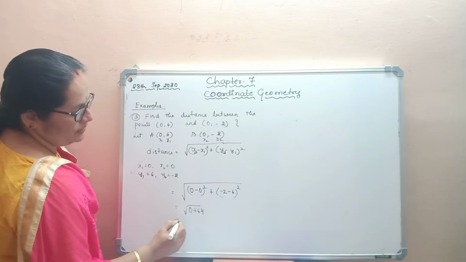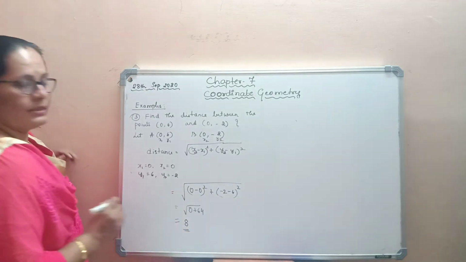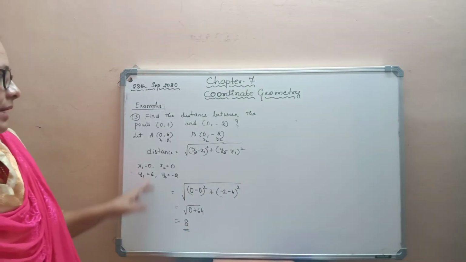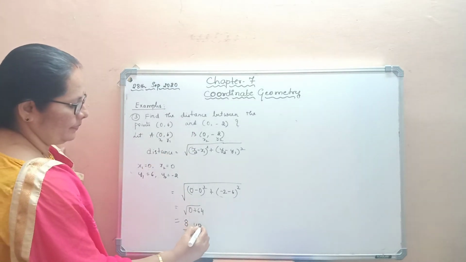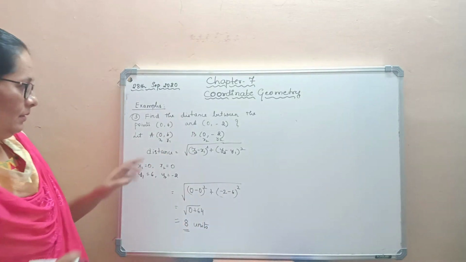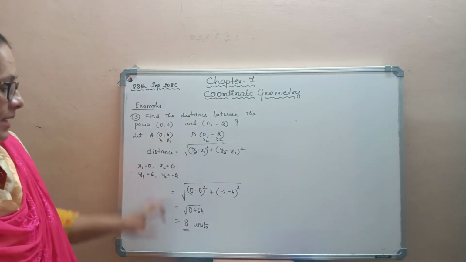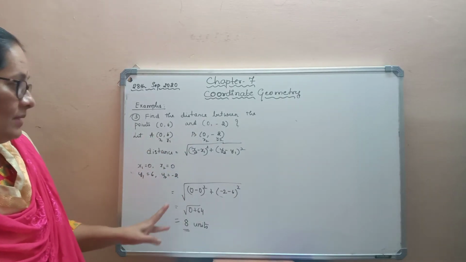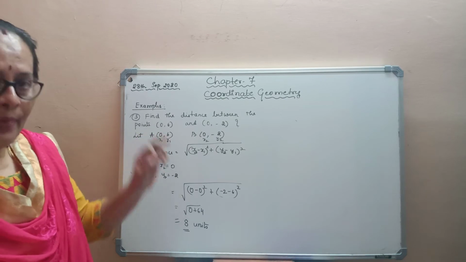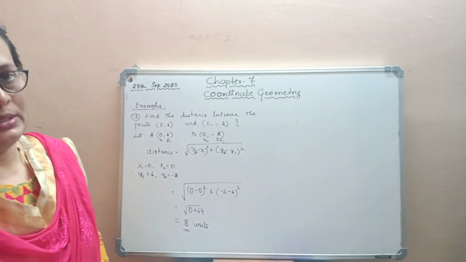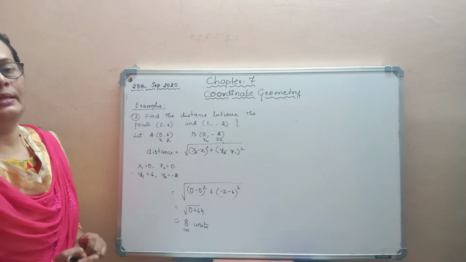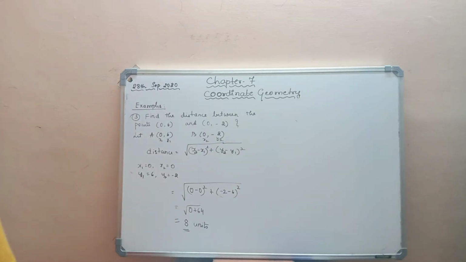So root of 64 is 8. So the distance between these 2 points A and B is 8 units, using the distance formula, that is root of (x2 minus x1) whole square plus (y2 minus y1) whole square.